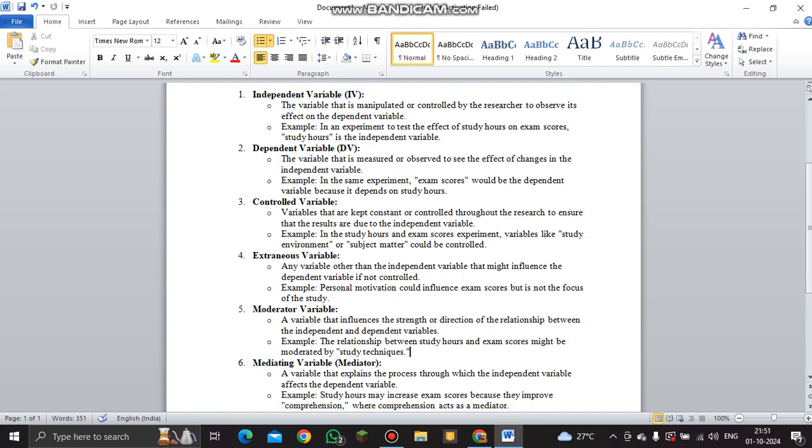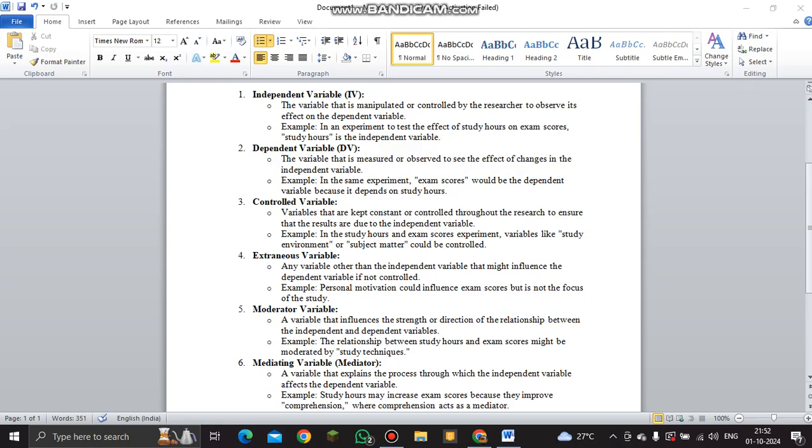So study techniques can be the moderator variable. And the last one is the mediating variable. A mediating variable explains the process through which the independent variable affects the dependent variable.